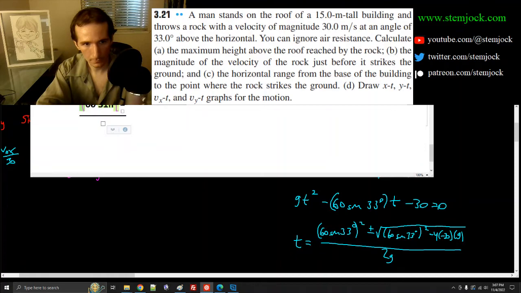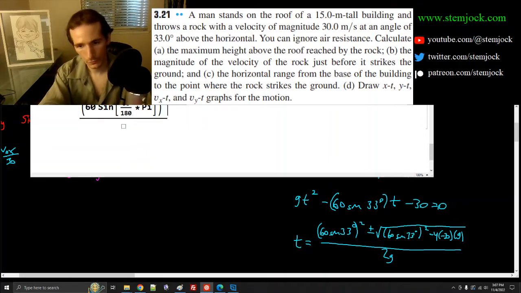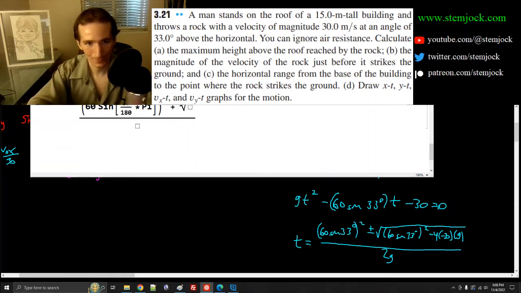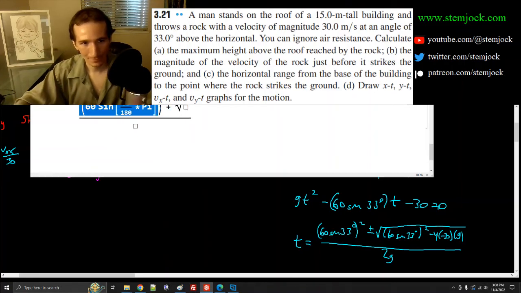60 sine 33. Now the question is, do we use the plus sign or the minus sign? Let's evaluate both and see what we get. Oh, I'm sorry, this is not squared. This, however, is squared.